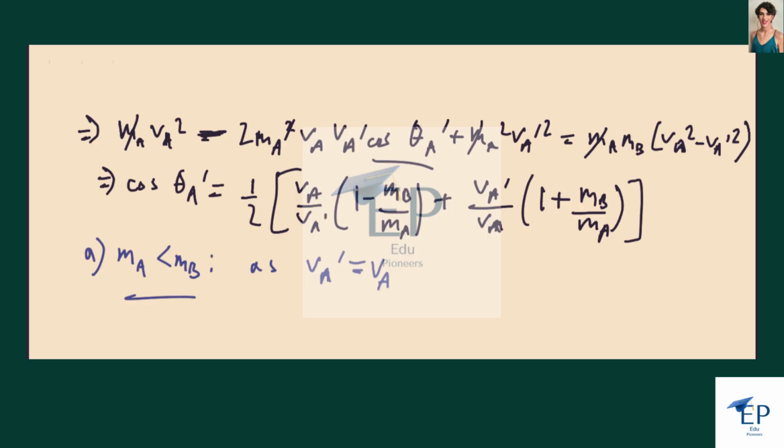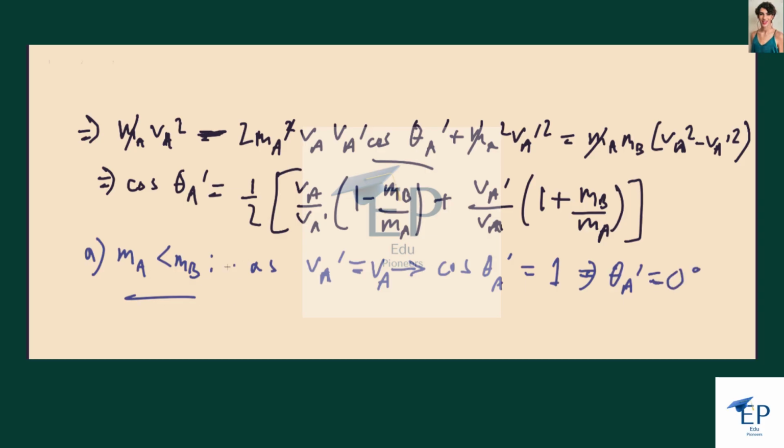You have one half times (1 minus MB over MA plus 1 plus MB over MA). So MB over MA cancels. You have 1/2 times 2. So cosine theta A prime equals 1 in that case. And so theta A prime is 0 degrees in that case.